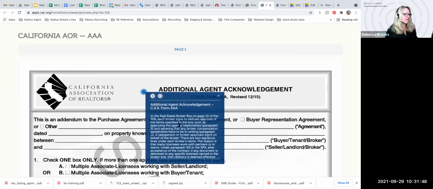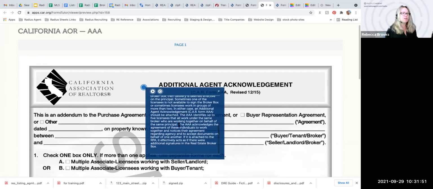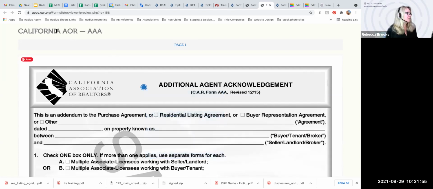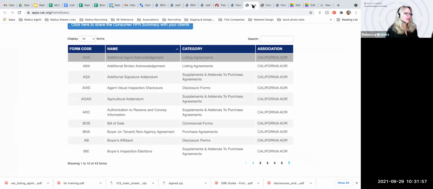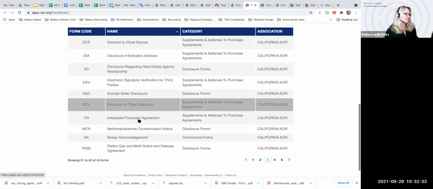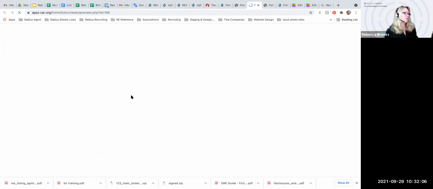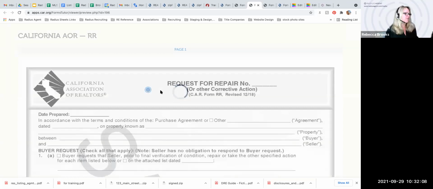You can click on the blue dot and it gives you information about the form. Okay. And so it's just really super handy. Say, for instance, the request for repair, extension of time, anything. The request for repair, once again, can be really confusing.